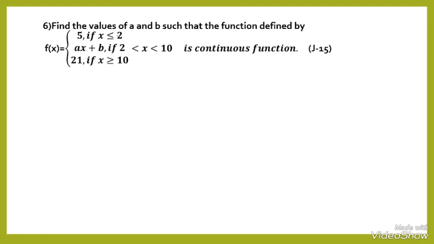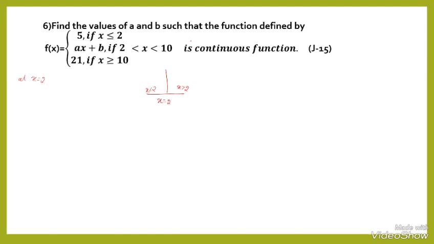First, when observing the question, they gave 2 points, at x is equal to 2 and at x is equal to 10. Now I can solve at x is equal to 2. The rough diagram I have written here: at x is equal to 2, then x is less than 2, and x is greater than 2.